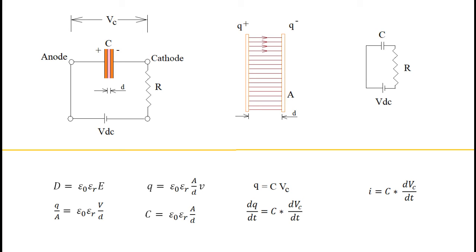Depending upon amount of charge accumulated, voltage of opposite polarity acts in opposition to supply voltage. So initially at t equal to 0, current through capacitor is maximum, but voltage across it is 0. But as the time elapses, current drops and voltage across capacitor rises. This process is known as charging of capacitor.